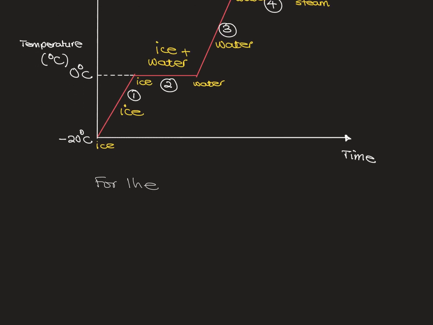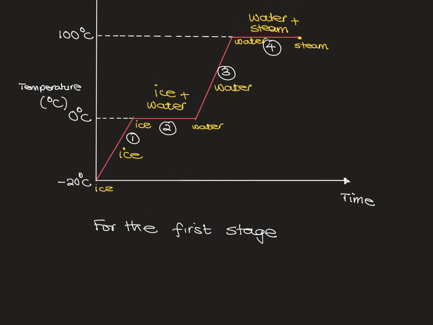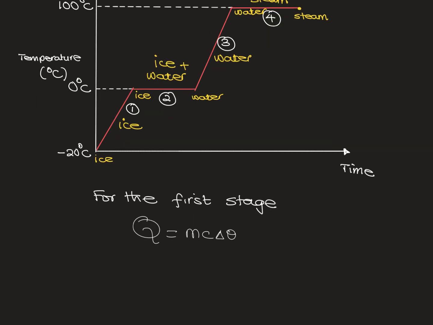For the first stage, the first stage is the transformation of ice at minus 20 degrees Celsius to ice at 0 degrees Celsius. Since that involves change in temperature, we will say Q is equal to mc delta theta.